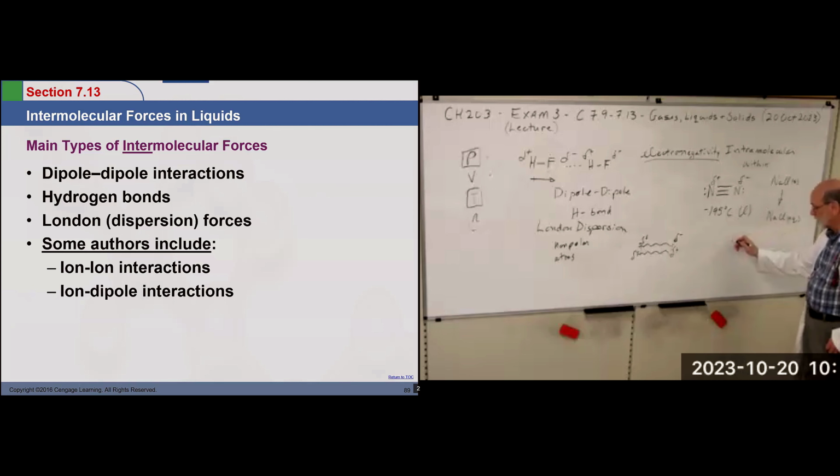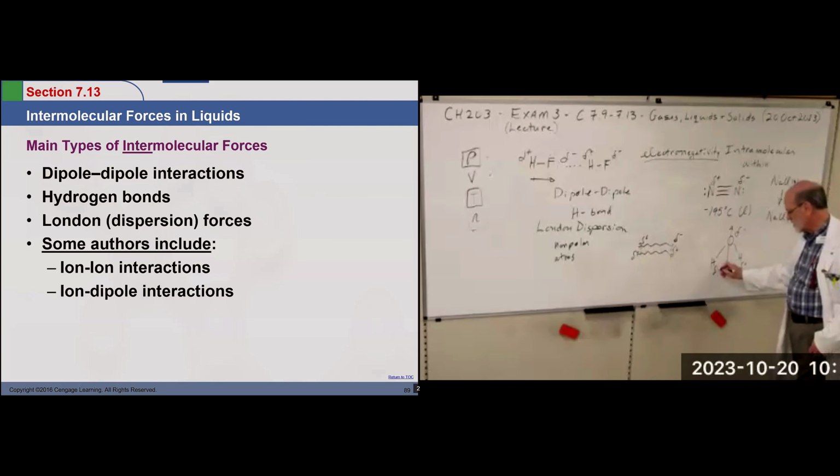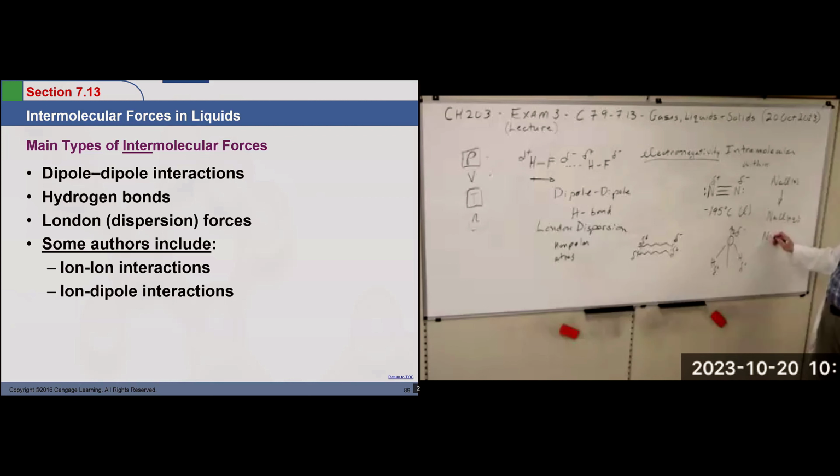Because water, remember, has a dipole like that, so it's negative here, positive here. Let's balance it here. And sodium and chlorine, when they're broken apart, become ions. So you've got this positive side over here attracting the negatives, and this negative side over here attracting the positives. So that's a dipole-ion interaction.